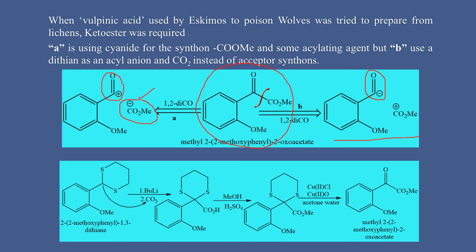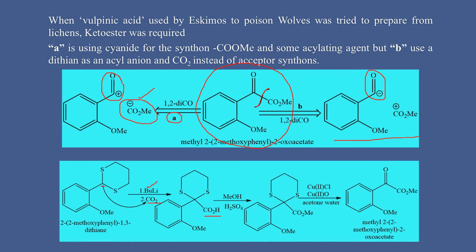It is also easier to prepare by this method, A method, but B method is also very easy. It uses dithiane as an acyl anion, and in the presence of a base, this acyl anion attacks carbon dioxide, which is the acceptor synthon, and it is converted into carboxylic acid.